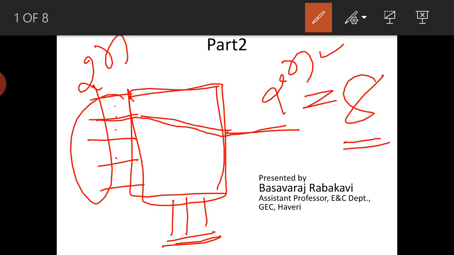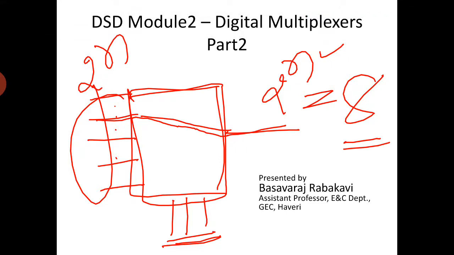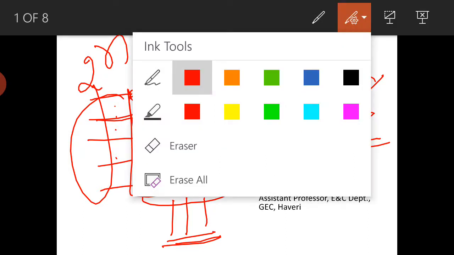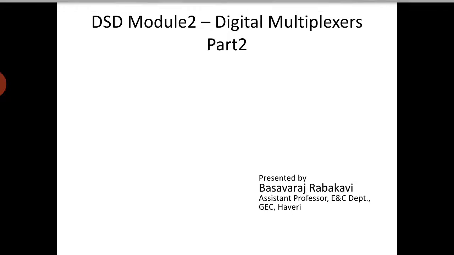Earlier we had analog multiplexers, but nowadays we are using digital multiplexers. In the previous class we saw what a multiplexer is, its function, and the different multiplexers.